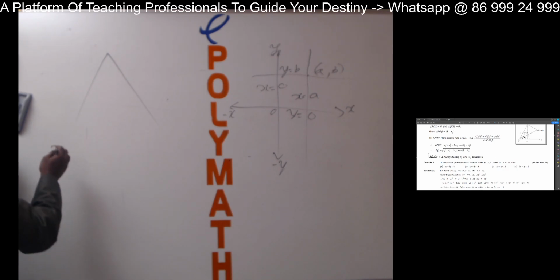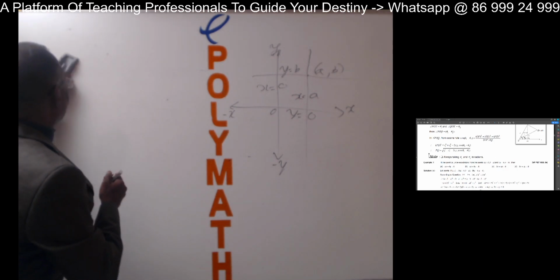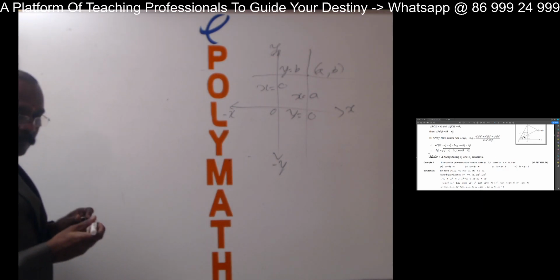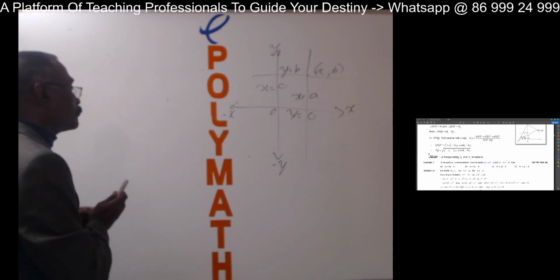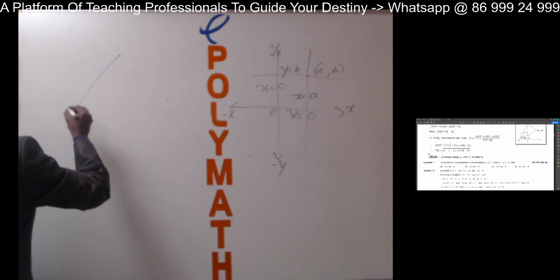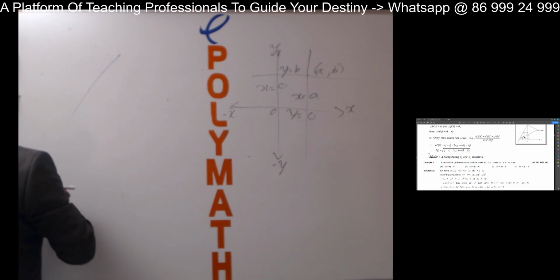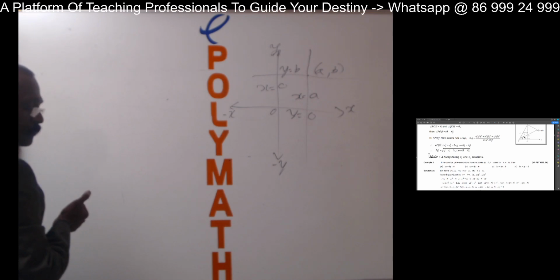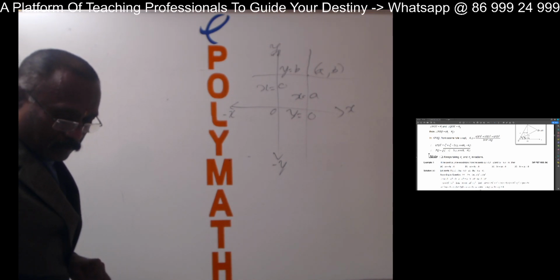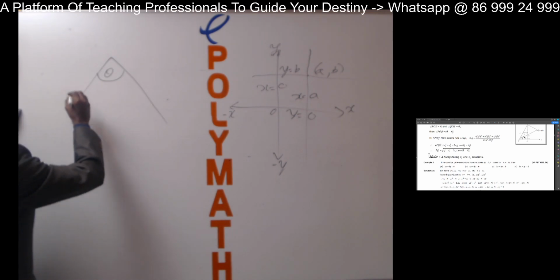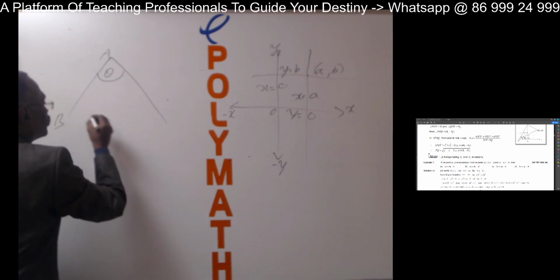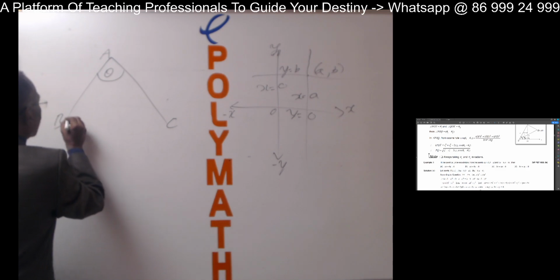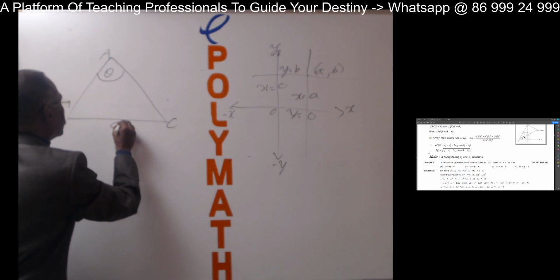You have a triangle in which two sides are given. Let me say this triangle is ABC. Now this side we represent with small a.